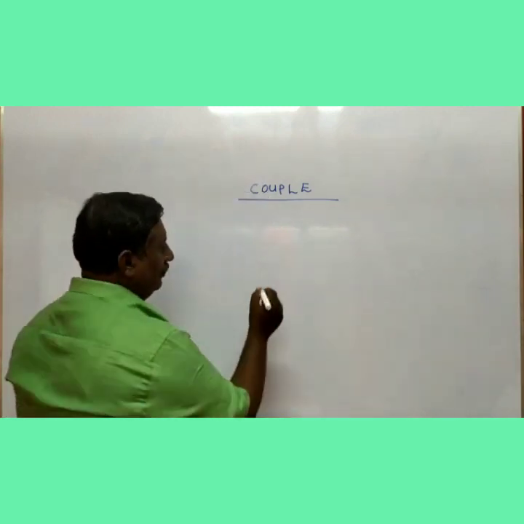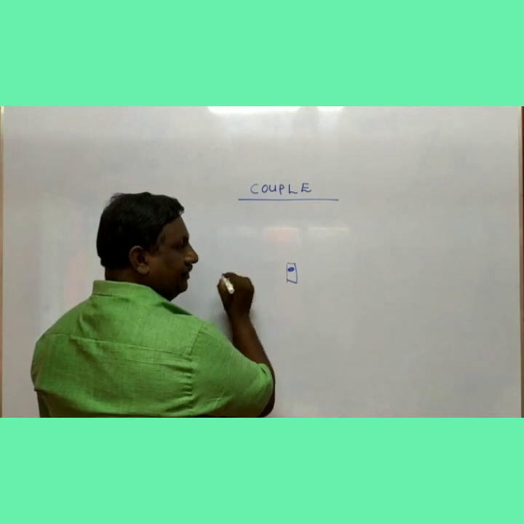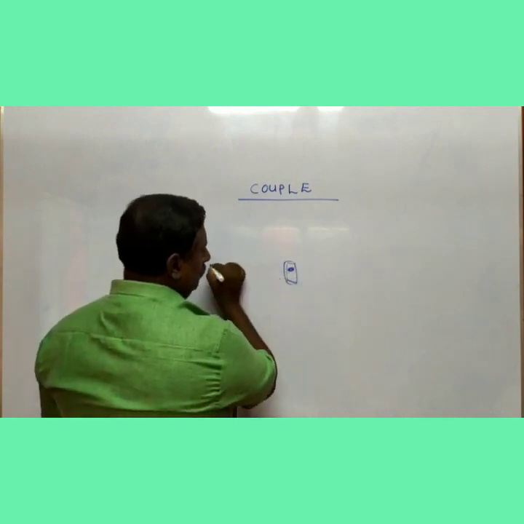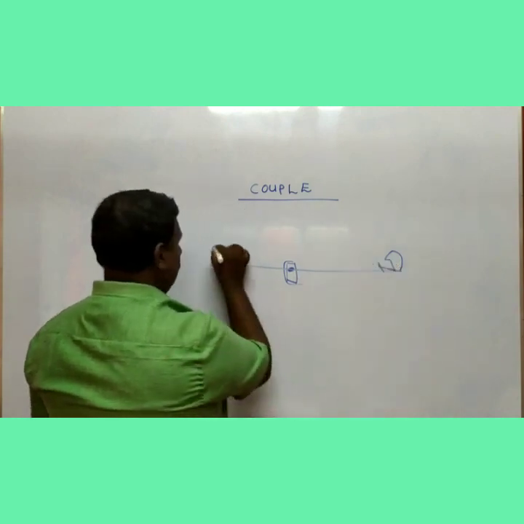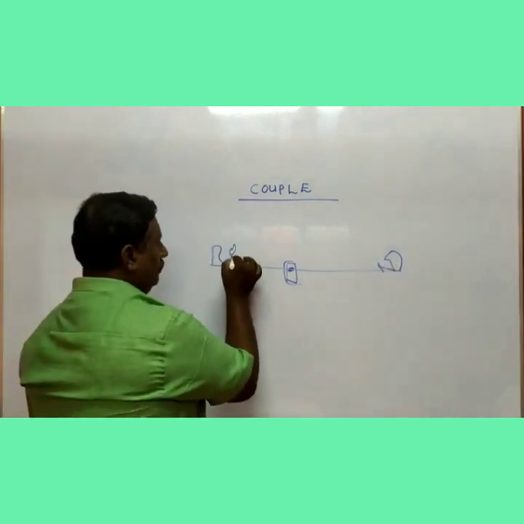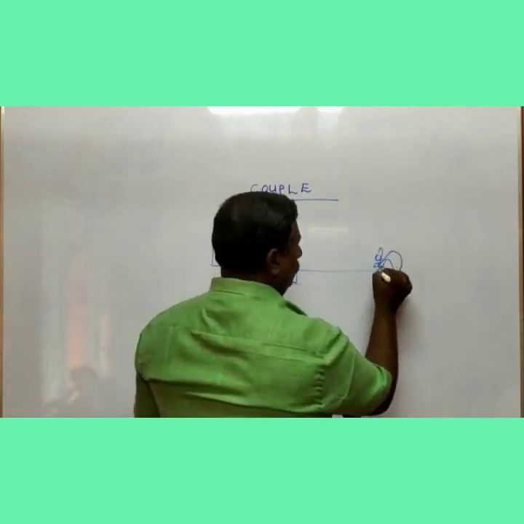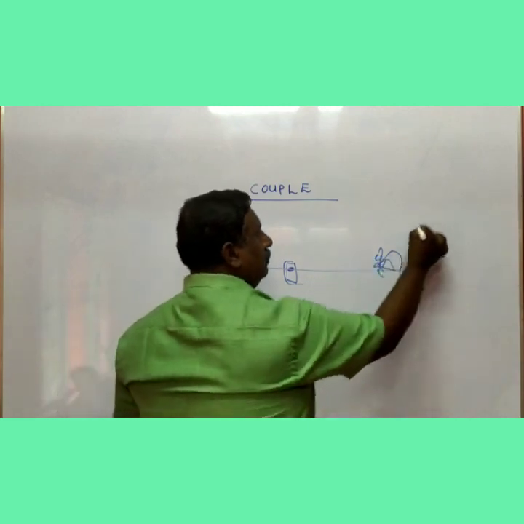In the seesaw, we know that it is pivoted in the middle. Then we have two chairs to sit on. When two persons sit here, it will move, this way and then that way.